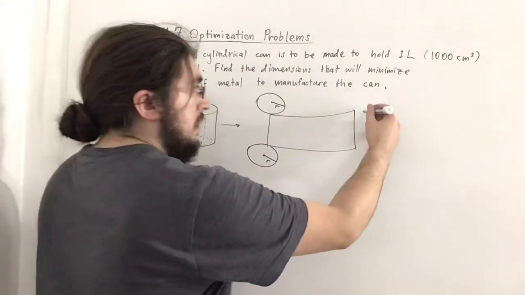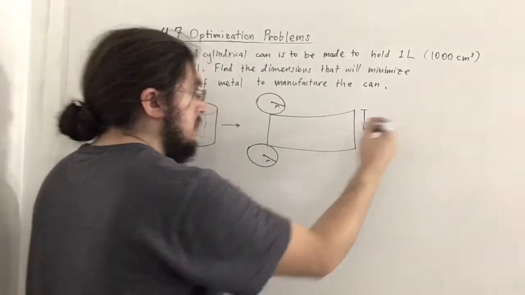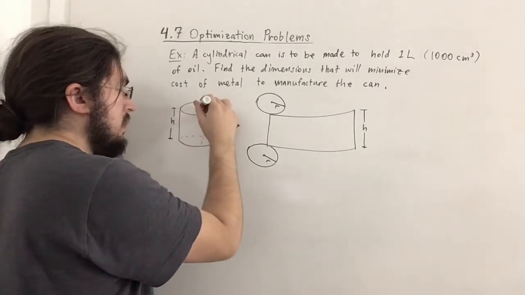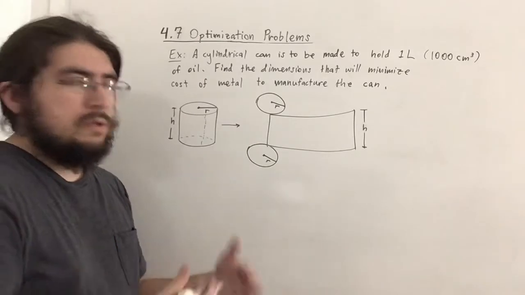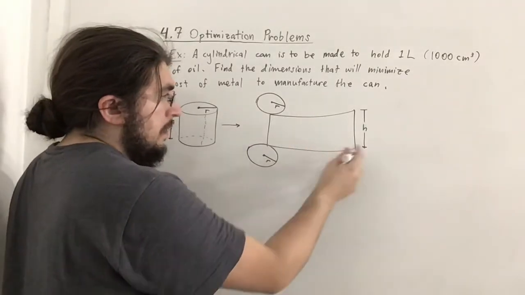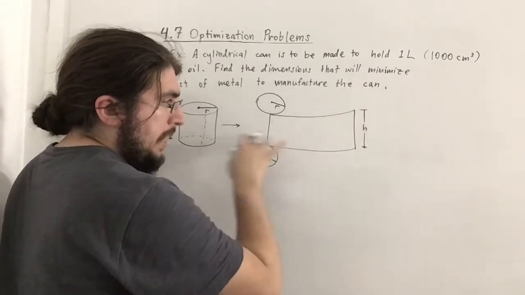This, by the way, would have to have a height, so we can call this height h. I'm just using standard labelings on this shape, kind of like how we saw with the previous problem, where area was length times width. Now what we notice is that we're left with this rectangle that's h by something.